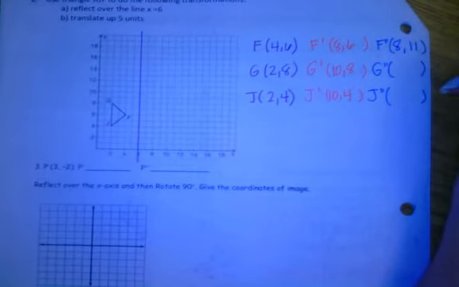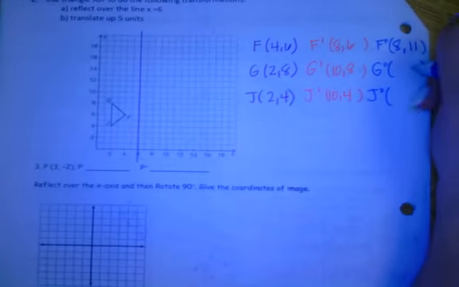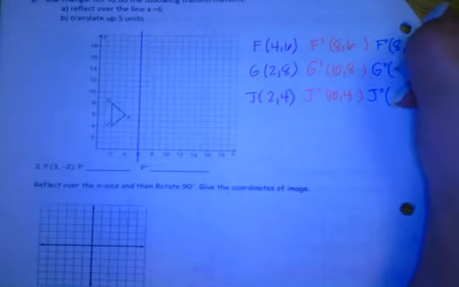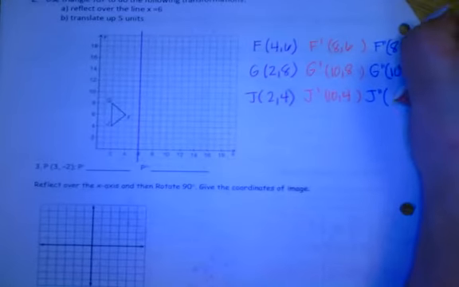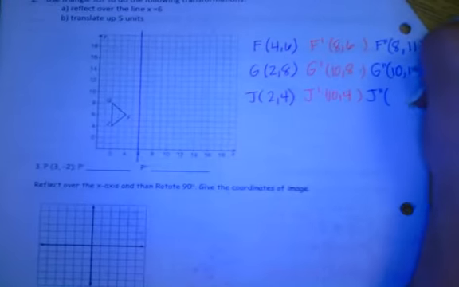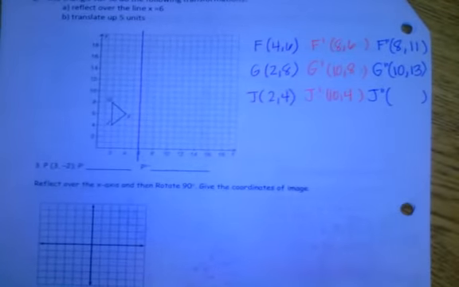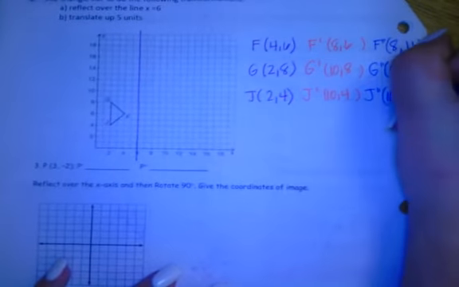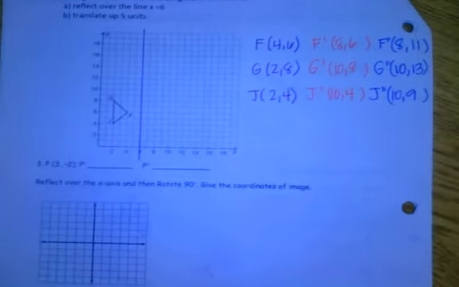G double prime. Yep. What point is that? 10, 13. And J double prime, Addie? 10, 9. Very good. Any questions on a reflection and a translation composition?